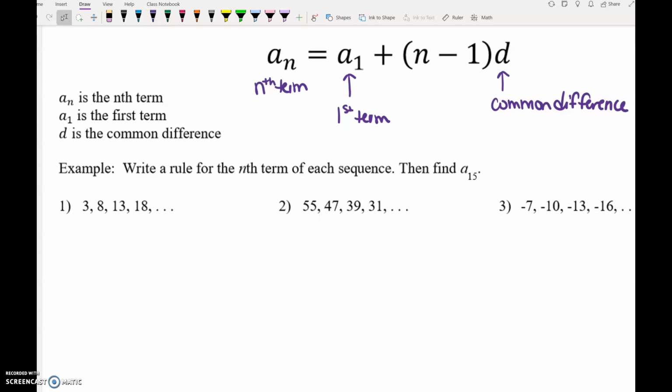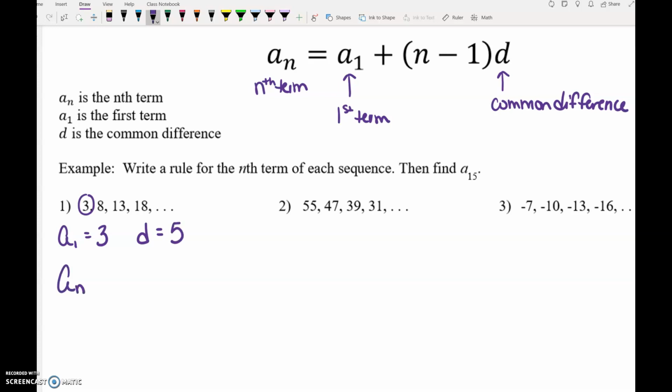So, in this first example, I know that my first term is 3 because I can see right here that my first term is 3. We also need to know the common difference. So what is the pattern in this sequence? From 3 to 8 to 13 to 18, we're adding 5.